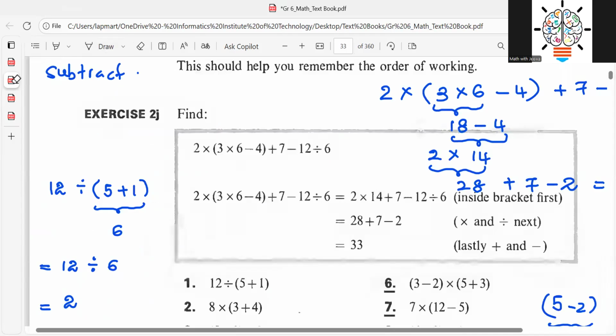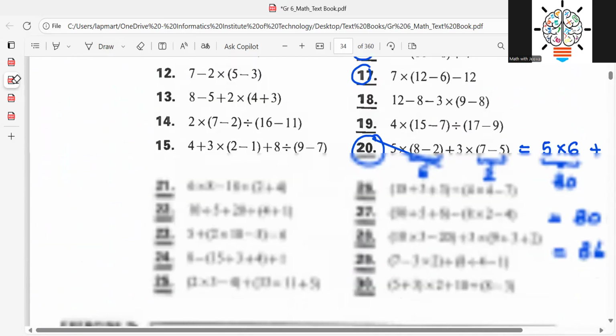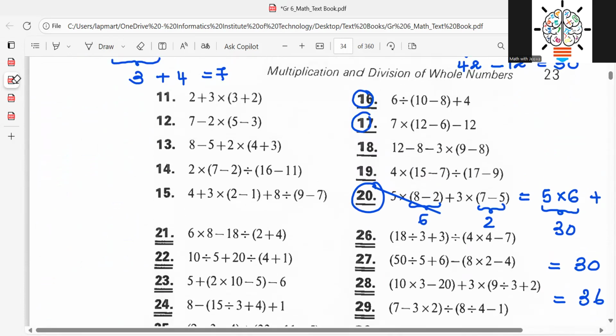Okay. I'll take another example, right? Let's say this one, question number 15.